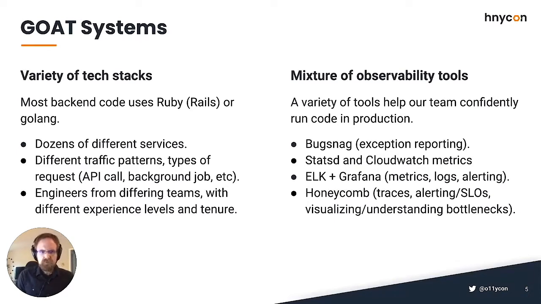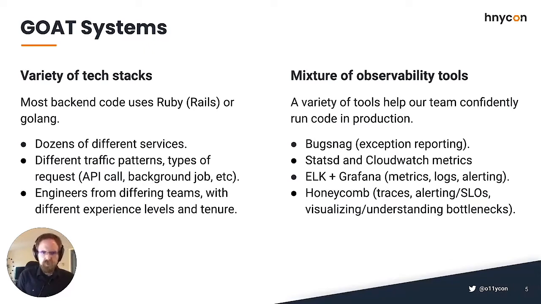And there's also a variety of different types of requests. Some of these are REST APIs or gRPC services that are dealing with client traffic directly. Some of them are backend jobs that run in Rescue or in another job system. So there's a good amount of variety there.